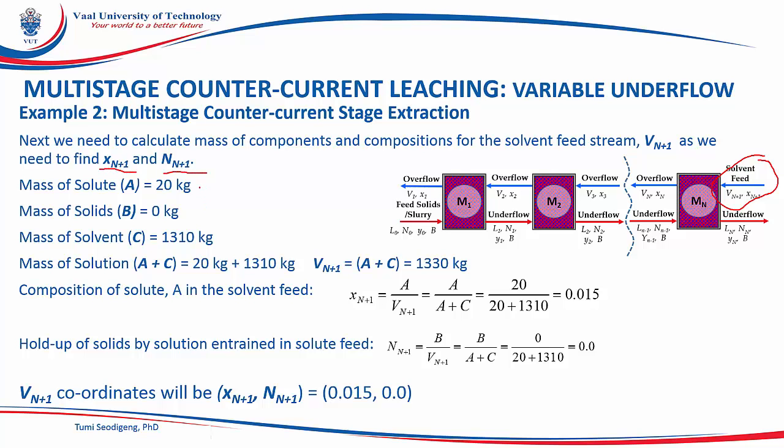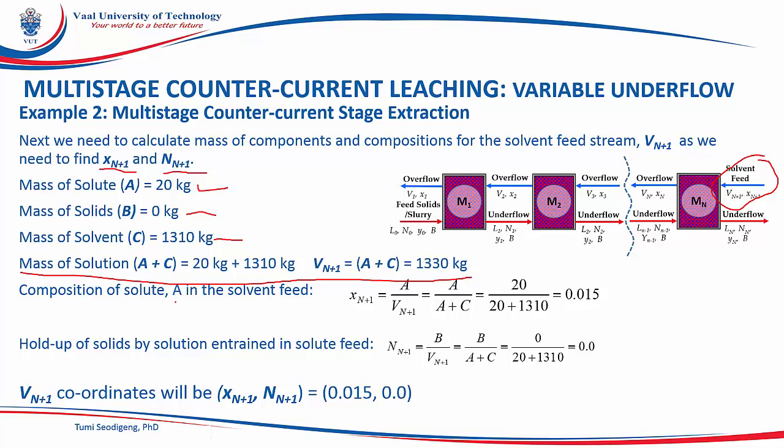We know that the solute in the fresh solvent feed is 20 kilogram per hour. There's no solids in the solvent feed, and the solvent in the fresh solvent feed is 1310 kilogram per hour. So we can calculate the total mass of solution, or the flow rate of solution, to be 1330 kilogram per hour by combining A and C in the Vn+1 stream.